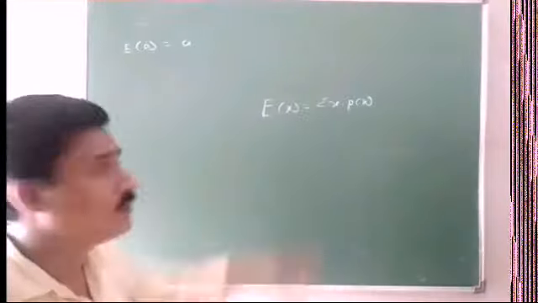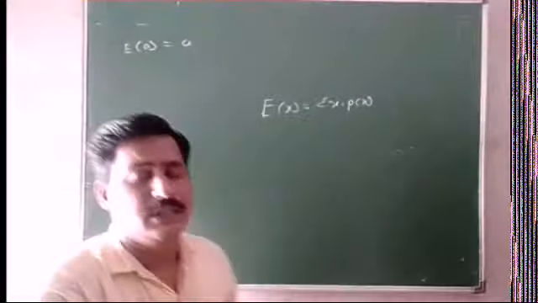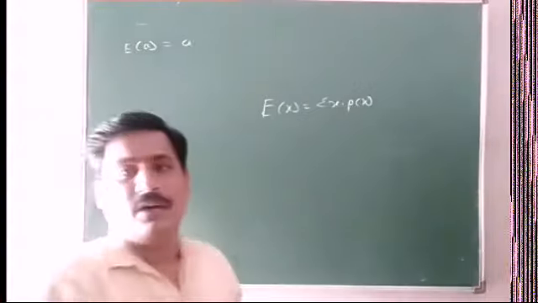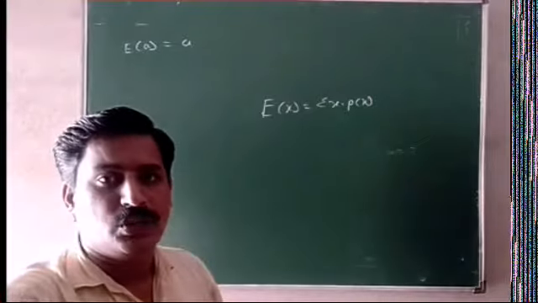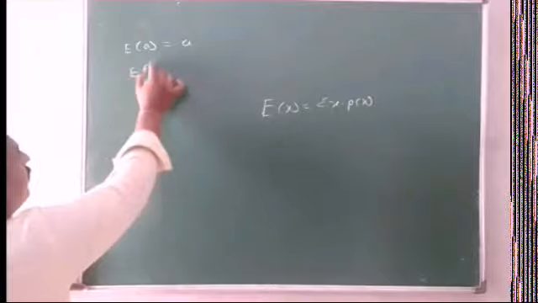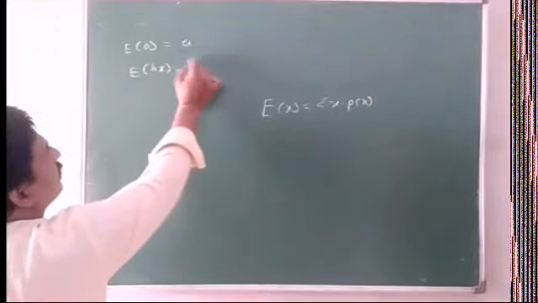First let us go to the same formula. E of x is equal to summation x into P of x. Now in the place of x, put a there.